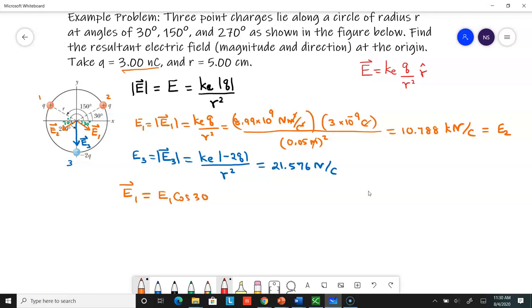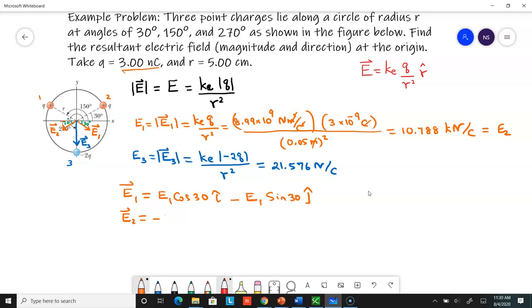So this is E1 cosine 30 i minus E1 sine 30 j, right? Similarly, I can write my E2. E2 is a third quadrant vector, so it's got a negative x and a negative y.